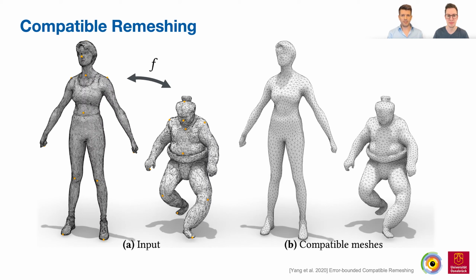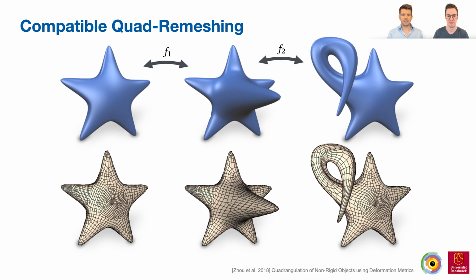Also, co-analysis or co-processing algorithms that benefit from simultaneously operating on a set of models in a compatible manner need such correspondence information. They need maps between the object surfaces. Examples are co-segmentation of objects or co-remeshing.